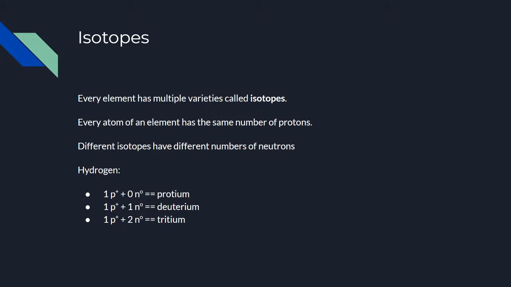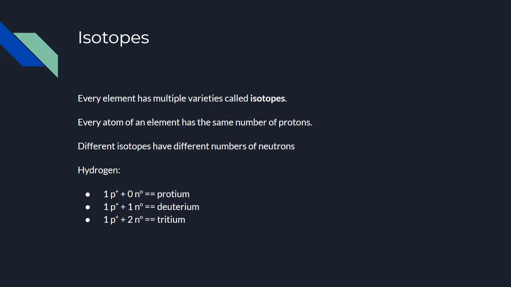So for example, hydrogen has 3 naturally occurring isotopes. And these are the only isotopes that have names. So the first isotope, the overwhelming majority of the hydrogen in the universe, is protium. 1 proton, 0 neutrons. It's just the 1 proton by itself. It doesn't actually need neutrons to hold it together, so it, for the most part, doesn't.